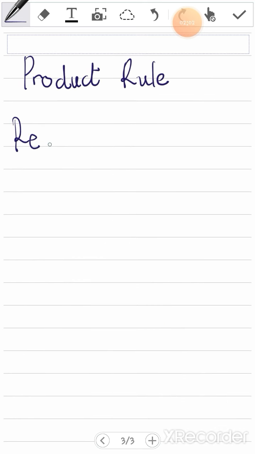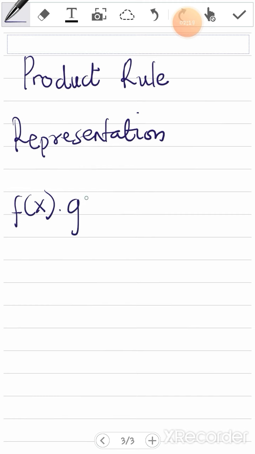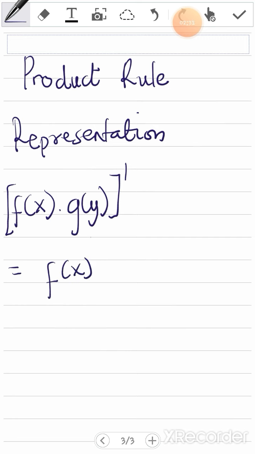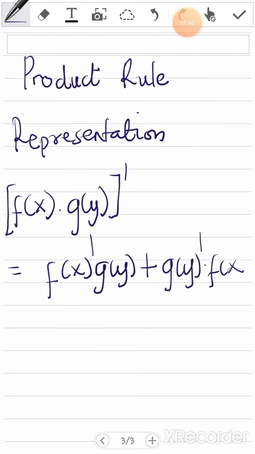Another representation. So we have two functions which are different: f of x times g of y. So these are functions. If you are told to find the differential of this, we are going to get the differential of f of x times g of y plus the differential of g of y times f of x.